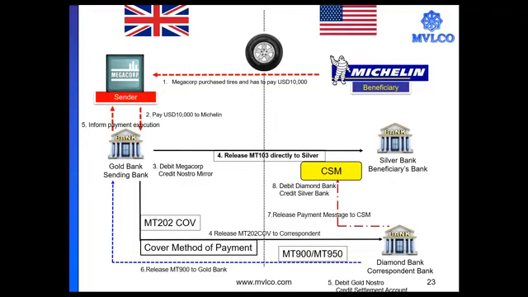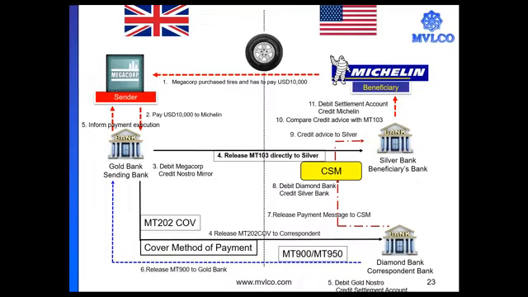When this is done, Silver would get the credit advice. Silver would have received MT103 directly from Gold at step number 4. At step number 9, it receives the credit advice from Fedwire. We compare both of them and then we credit the beneficiary. This is the other mechanism called the cover mechanism of making the payment.